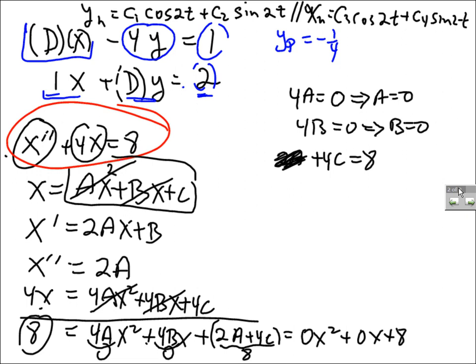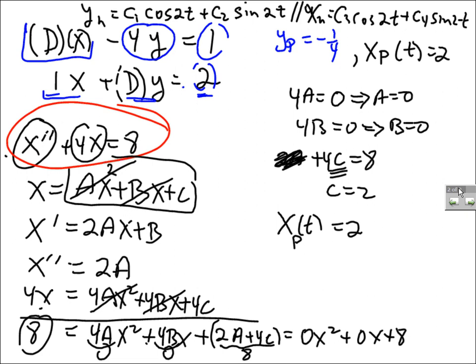You add 4c, you get 4c equals 8. So c is 2. Everyone knows that 4 times 2 is 8. Okay, so x particular of t is just 2.